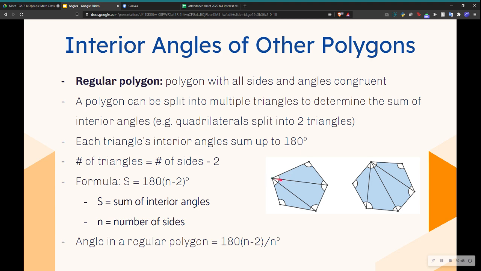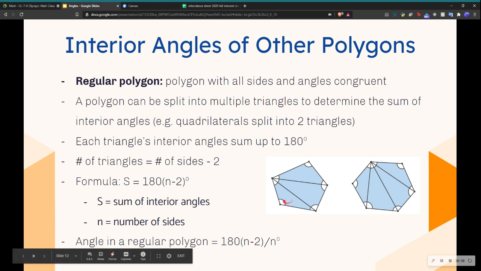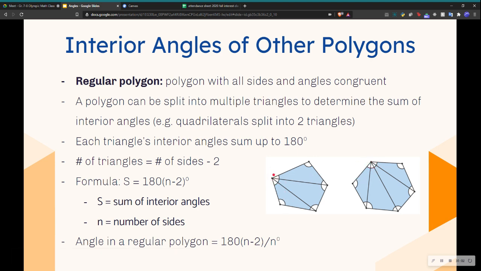You can split a pentagon into 3 triangles, and you can split a hexagon into 4 triangles, like so, right? We're only picking one anchor point, and then connecting it with all the other points. So that's how we form the triangles. You can definitely form more triangles, but we're only looking at it from one anchor point, right?